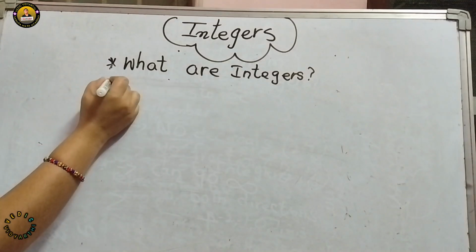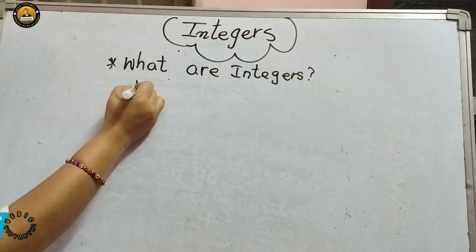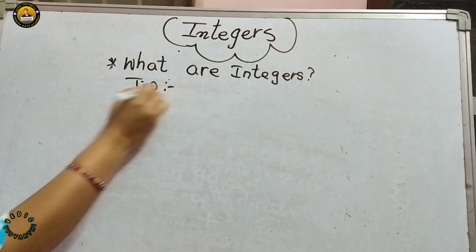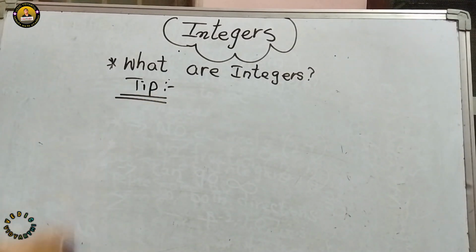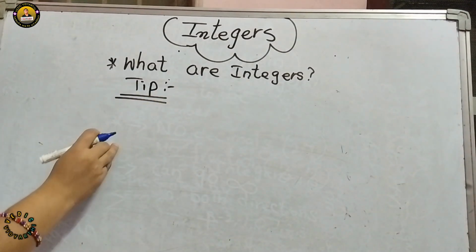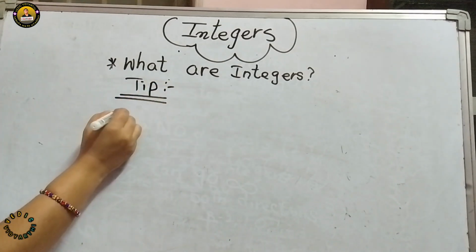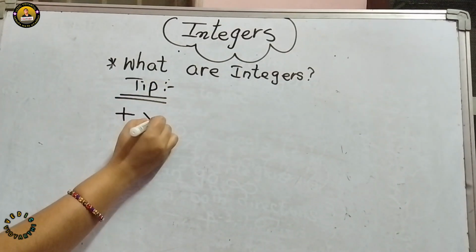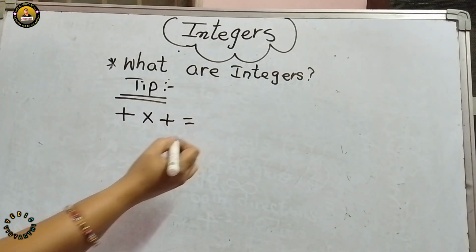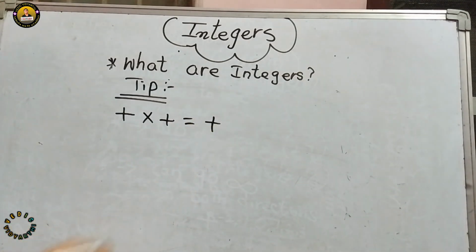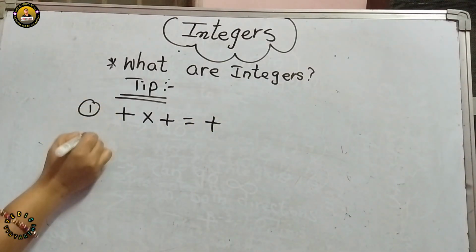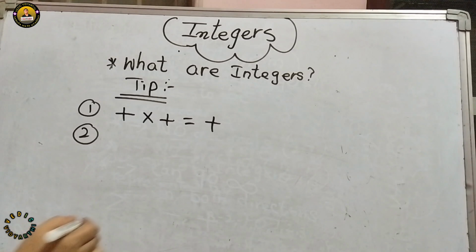And now, let's go with the tip. If you remember these steps, we will solve any kind of integers, children. Let's go with the positive into positive. We will get positive answer. This is first. Let's go for the second tip.